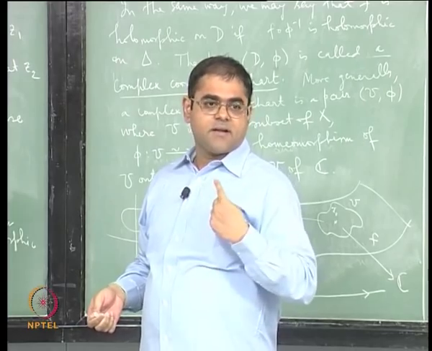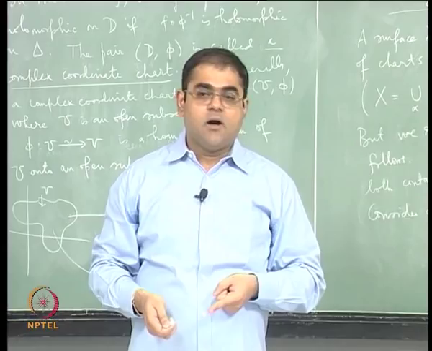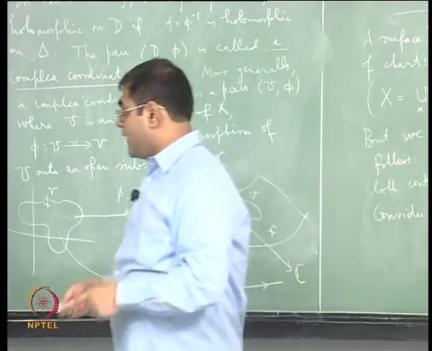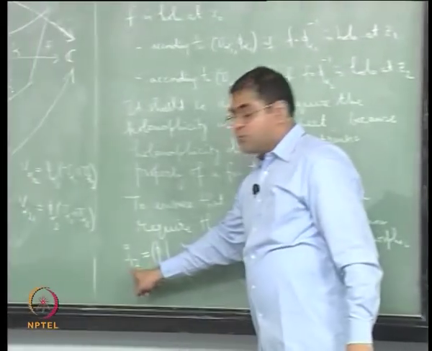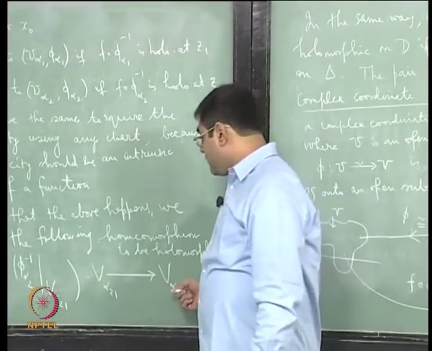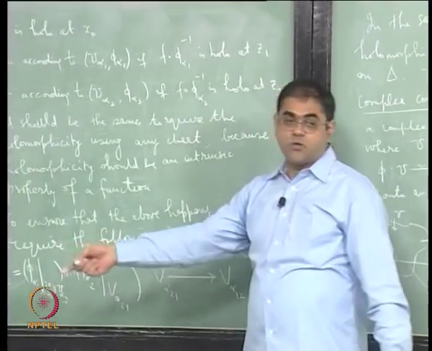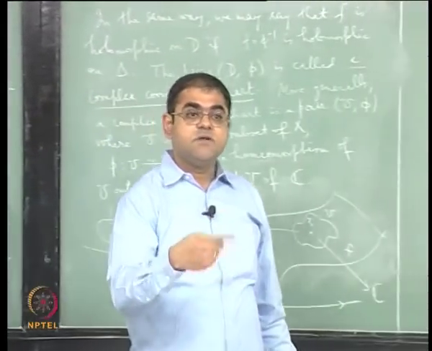So by a remark that I told you earlier, it's an injective holomorphic map, so it's a holomorphic isomorphism. So G12 is not only holomorphic, but G12 is an open map and its inverse is also holomorphic. So G12 inverse is also holomorphic.